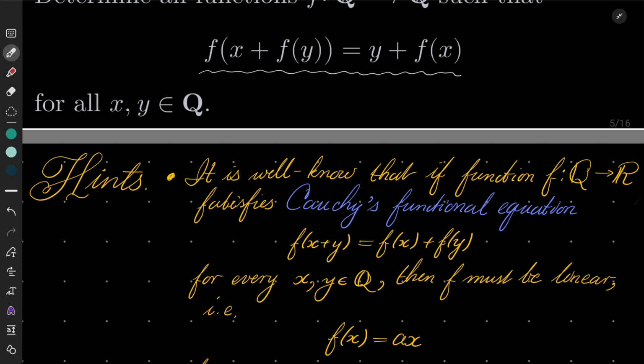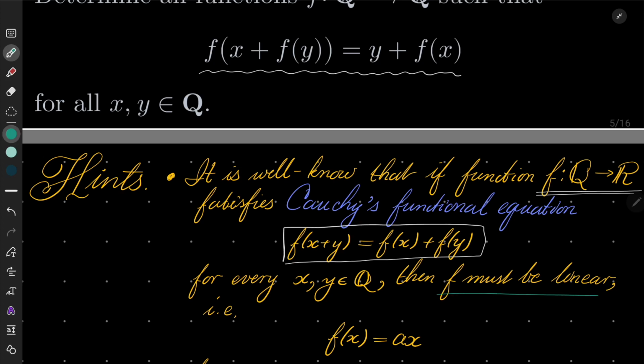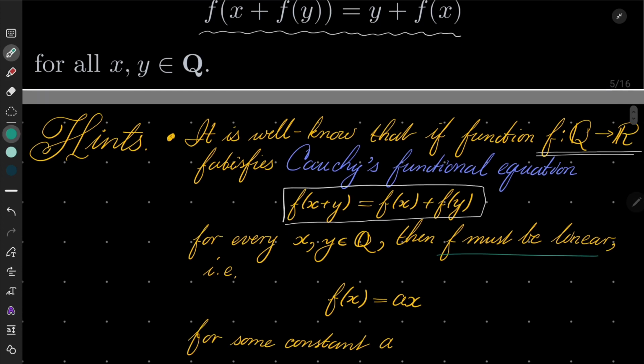Given that some function f, which goes from the set of rational numbers into the set of real numbers, satisfies Cauchy's functional equation, which is f of x plus y equals f of x plus f of y for every rational x and y, then f must be a linear function, i.e. f of x must be equal to a times x.